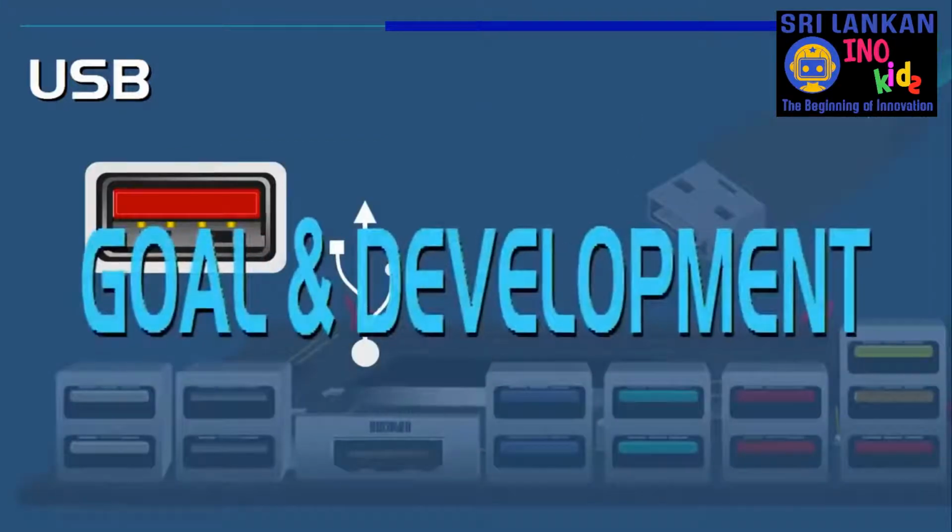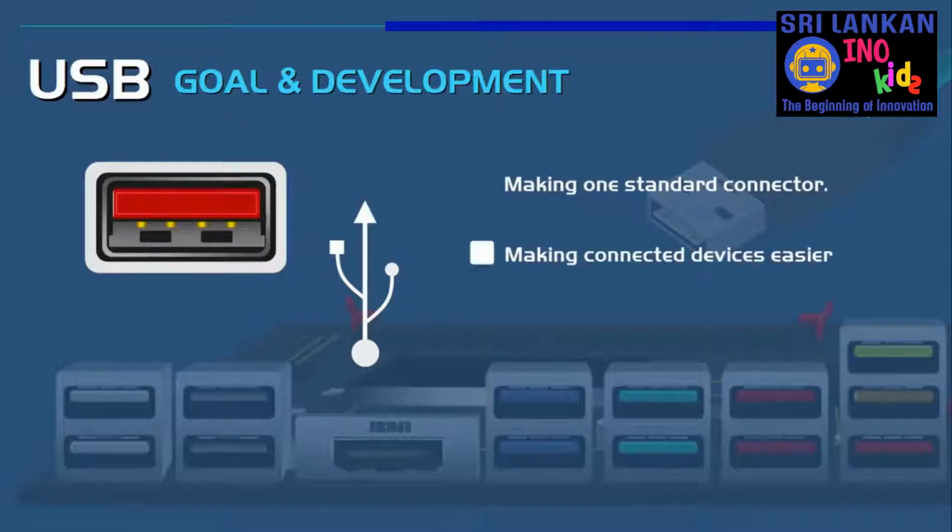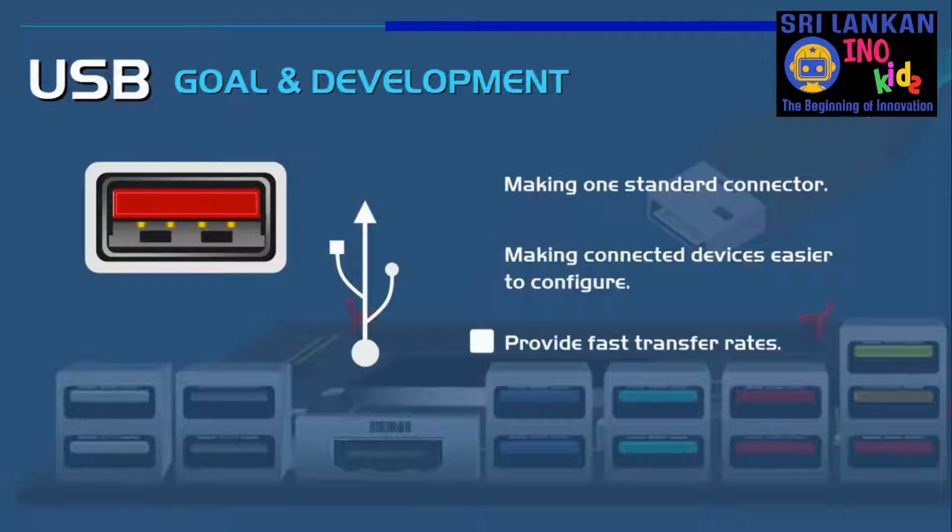And desktops and laptops will have several USB ports. Now the goal of the development of the USB was to make connecting devices to a computer much easier. And this is done by first making one standard connector, therefore eliminating all the other different kinds of connectors. And second, by making connected devices easier to configure, and third, to provide fast transfer rates.